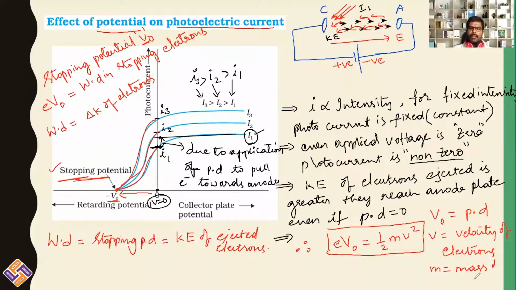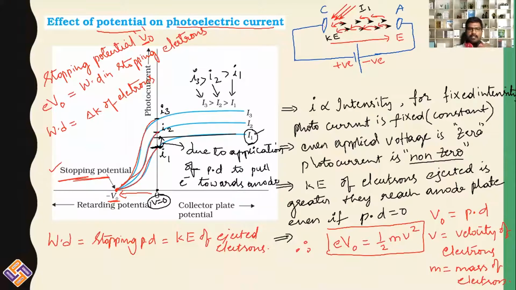So clearly you can understand that the work done to stop the electron is equal to its kinetic energy lost. That is the effect of potential on photoelectric current.